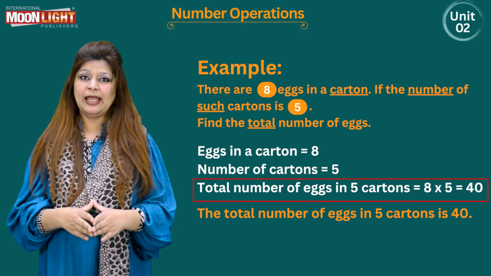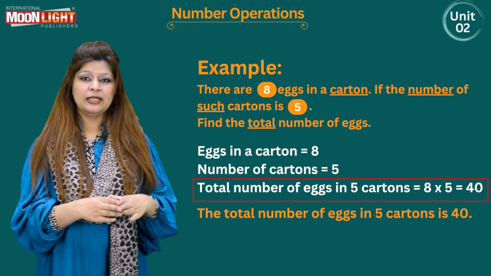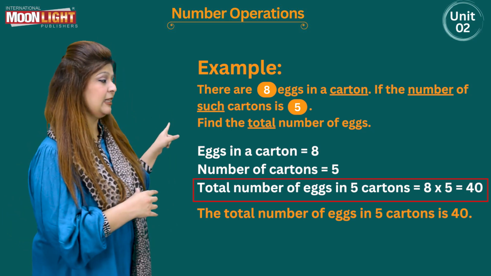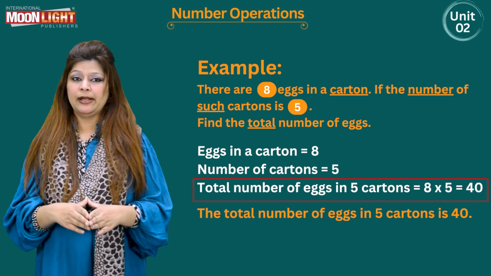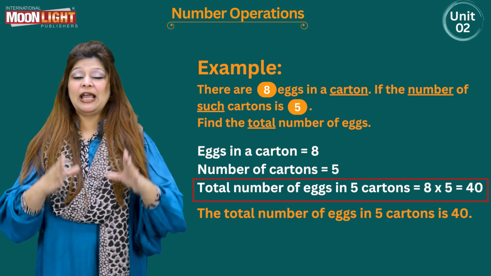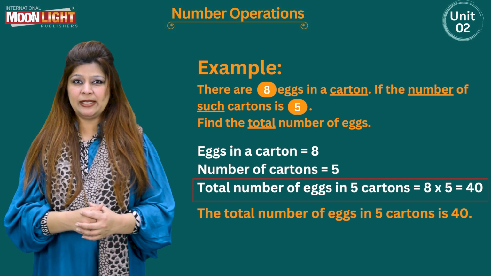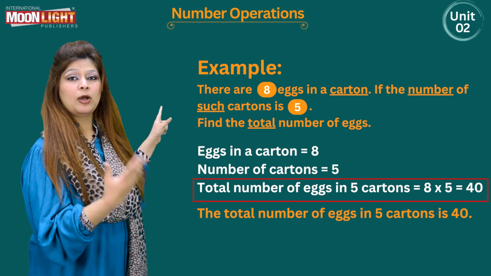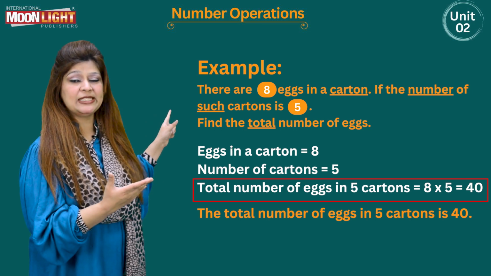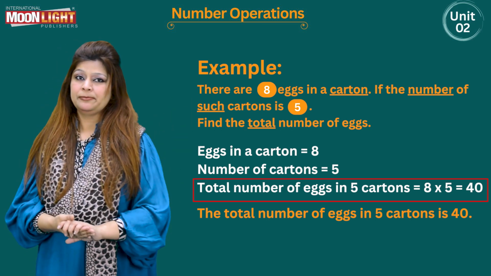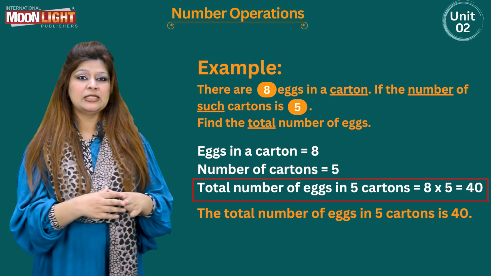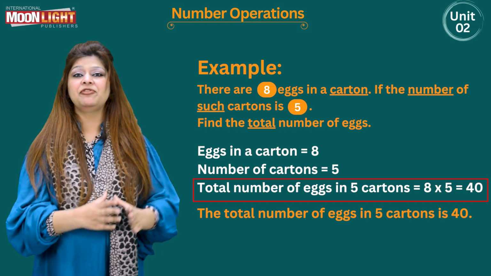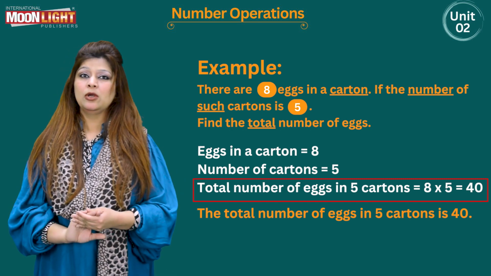Then you get that 5 eights are 40. So you write the equality symbol, and then write 40 over here. The total number of eggs in 5 cartons is equal to 40.